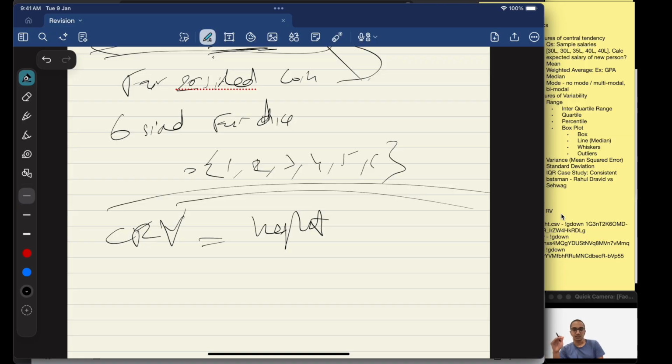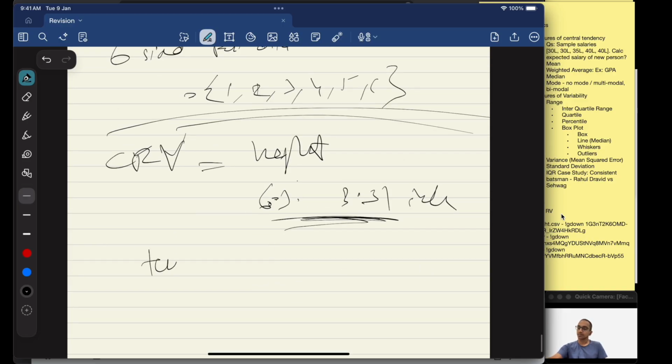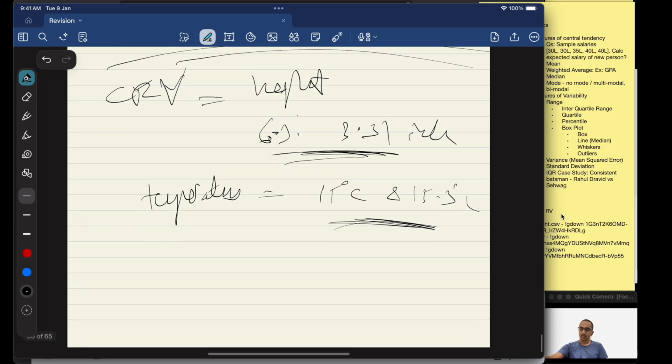Some people can be 5'10", some people can be 6'3", 6'3.1", 6'3.2". Between any two heights, you can have any number, right? Same with temperatures. If there is a temperature between 15 degrees and 15.3 degrees, you will have again an infinite number here. Similar stuff. So that is about random variables.